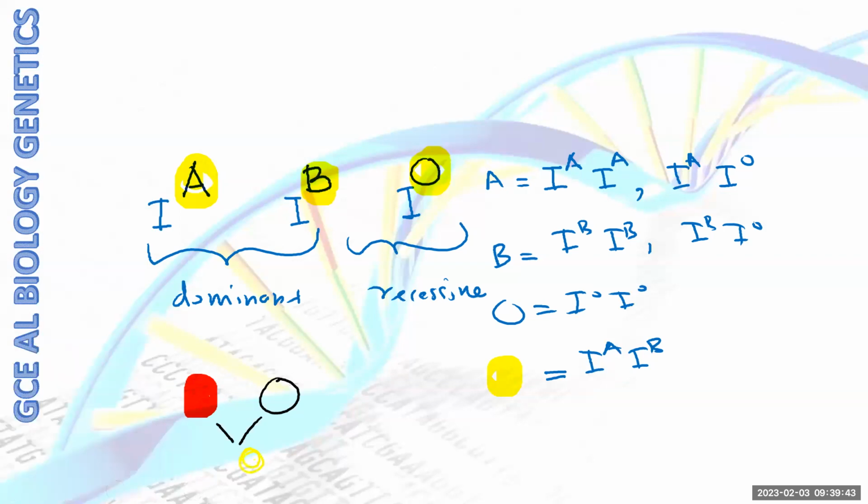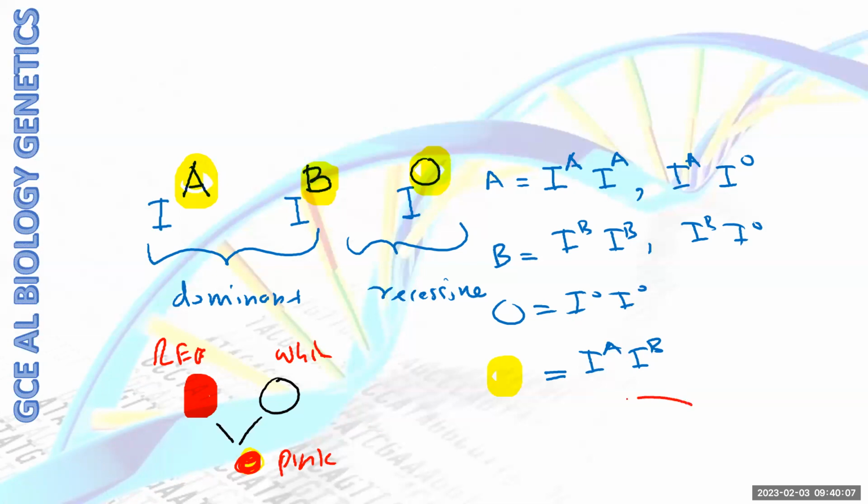The flower color is pink. I can't write pink color here. Anyway, just like this: red, white, pink. This is incomplete dominance. Now we take the red blood cell story.